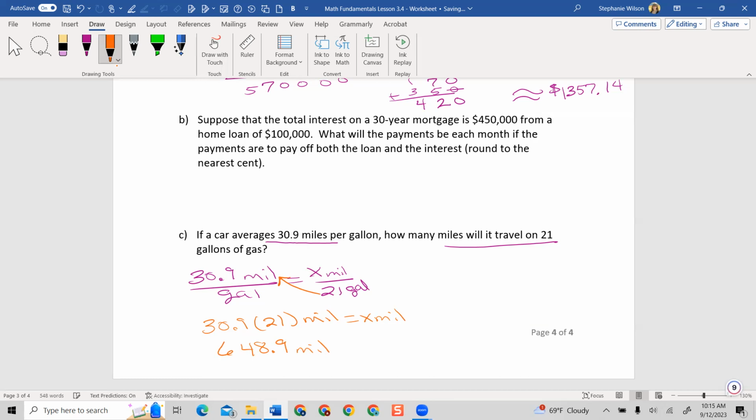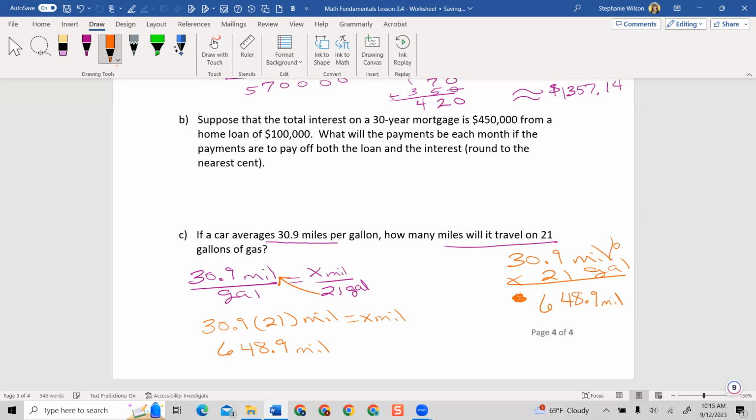All right. However, if you wanted to, you could say, oh, well, I got 30.9 miles per gallon in this vehicle, and I'm going to use 21 gallons. You can multiply these together, and you're going to come out with 648.9 miles.